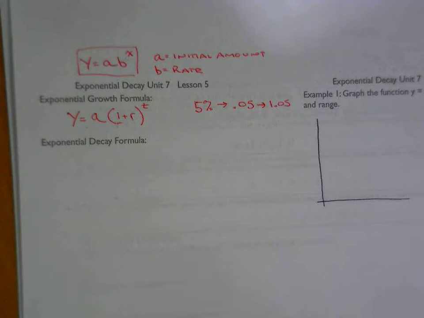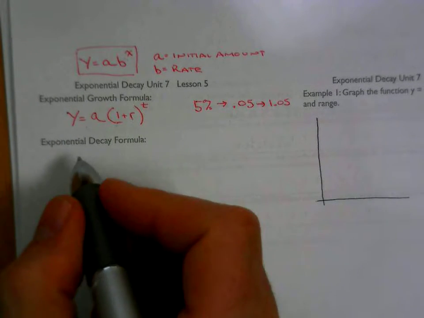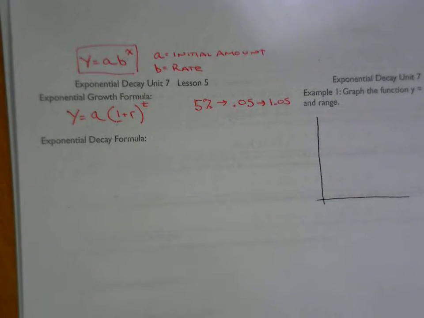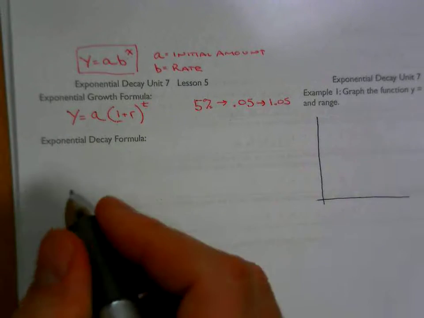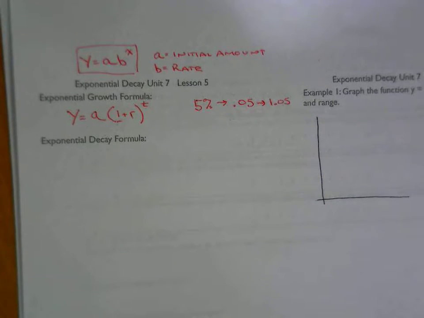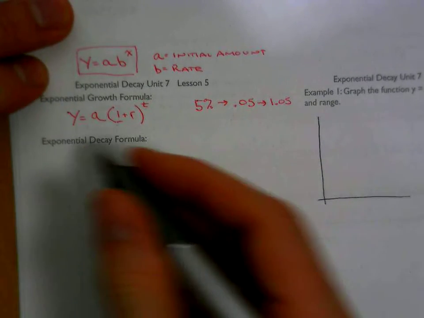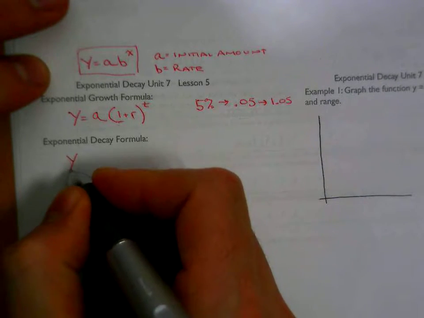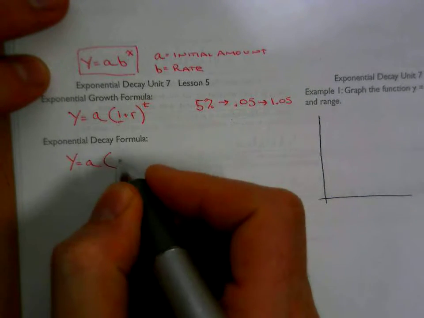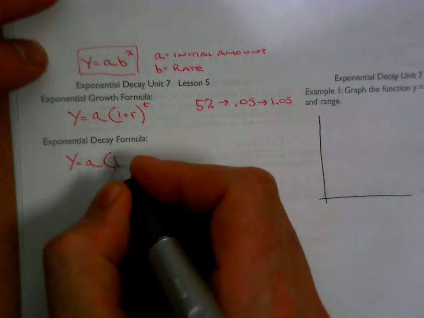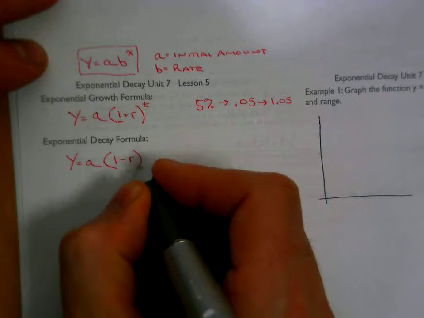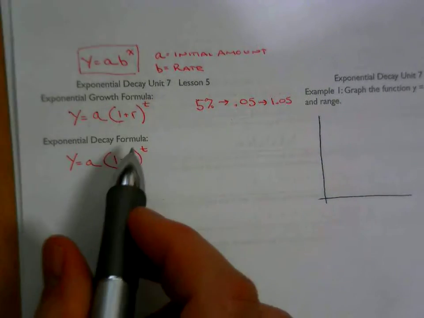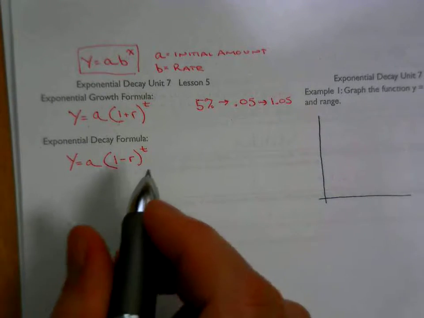Now, if I take a look at exponential decay, and I want something to decrease by a certain percent each time, then we'll have y equals a times 1 minus the rate to the t power, where t is time, usually in years.